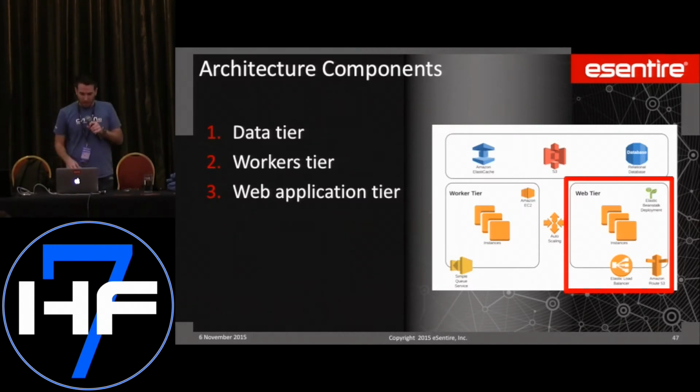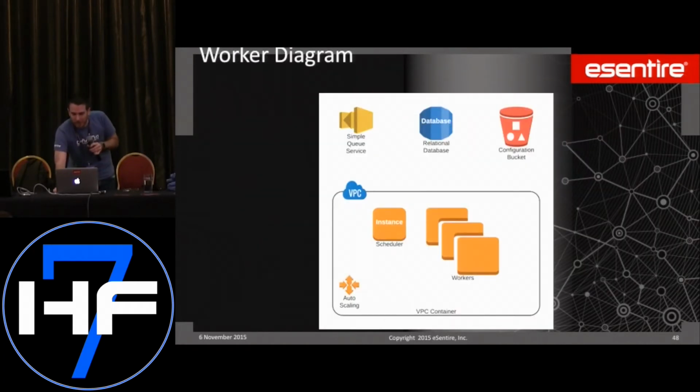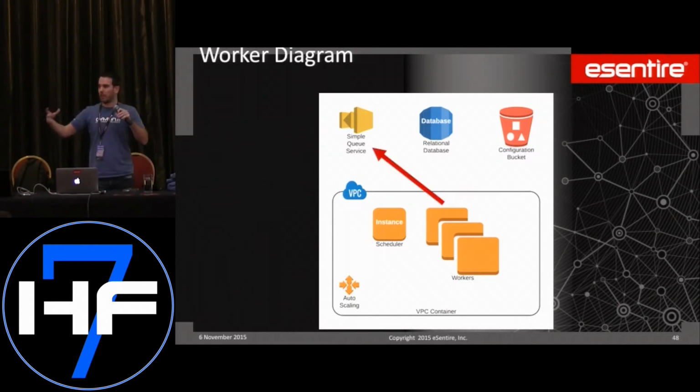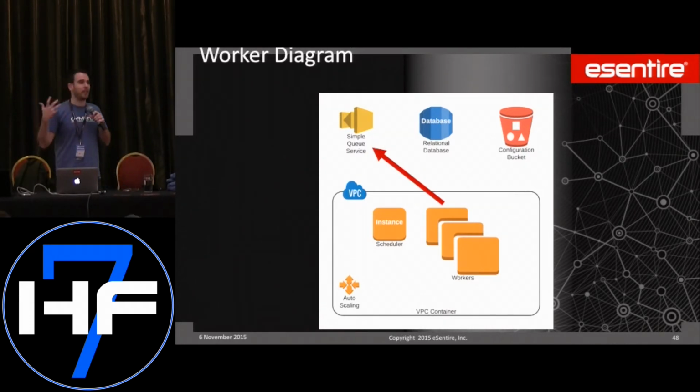So let me show you very quickly how the worker works. The machine wakes up, it connects to S3 to download the configurations like database passwords and so on. Then it'll connect to a central queue system. If you want to have multiple machines doing different types of work, but all reporting back together, you need to have some sort of a queuing system.